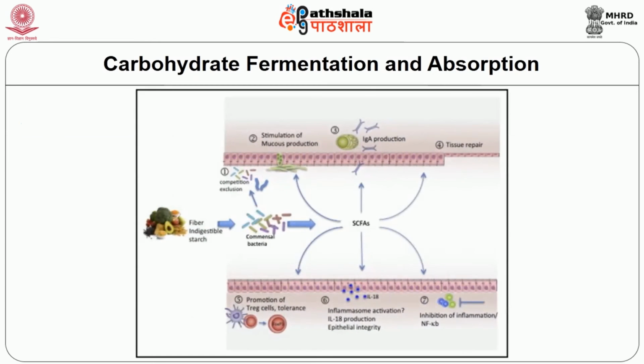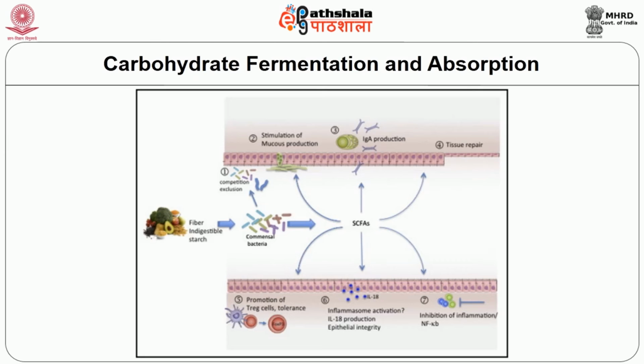So here you will see the diagrammatic representation of fiber, that is the indigestible starch, which forms a substrate for the growth of the commensal bacteria. This commensal bacteria will produce short-chain fatty acids, and the short-chain fatty acids have a number of effects. It produces IgA production, it helps in stimulation of mucus production, it helps in tissue repair, and it promotes Treg cells, that is the tolerance of the digestive system.